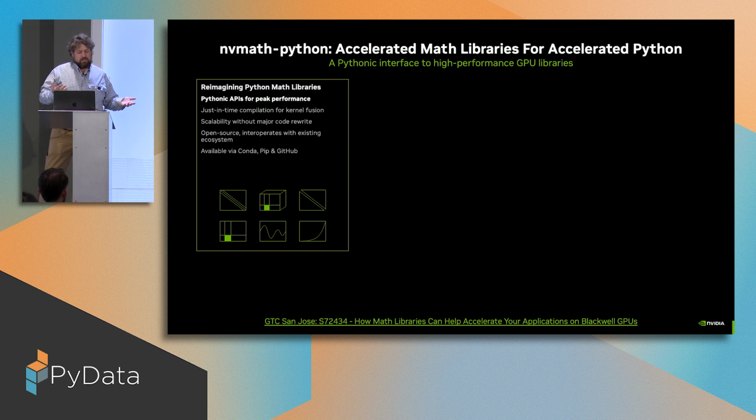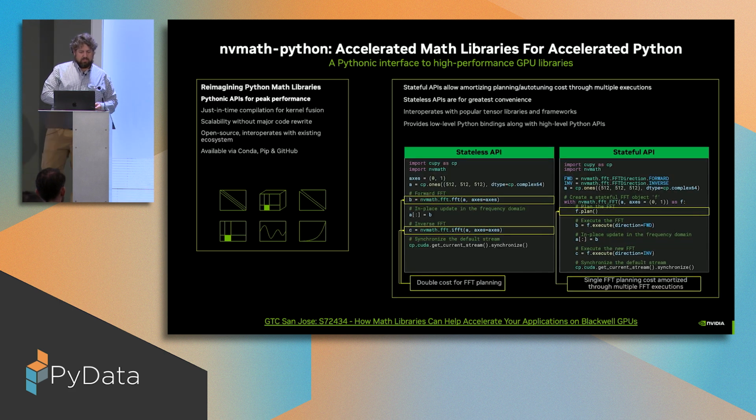So we came together and said, we really just want one interface to give everyone state-of-the-art performance, no matter where you are, works on CPUs, works on GPUs, and allows you to do things like FFTs here, where using things like Python context managers, we can do things like save on the FFT. So if folks ever did FFTs, you plan out how the computation happens, and then you do the execution.